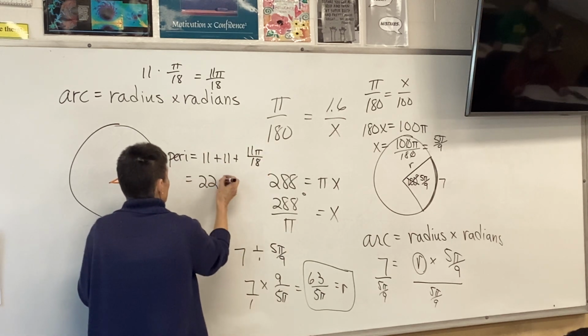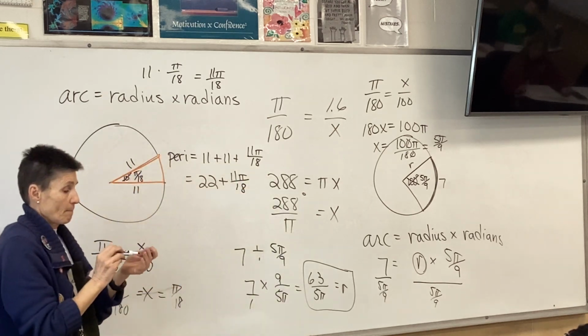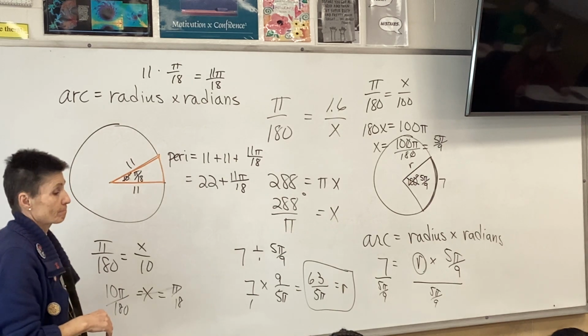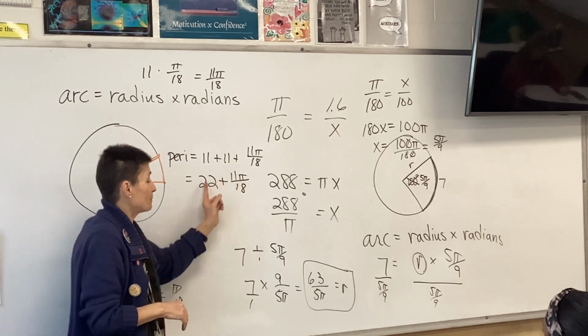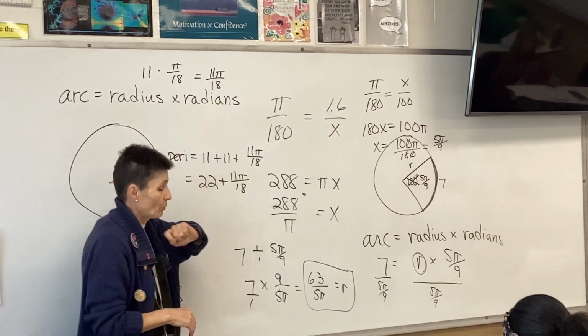So 22 plus 11 pi over 18. And that's enough for today. By the way, the unit on that would be inches, because the radius was inches, so the perimeter will be inches.